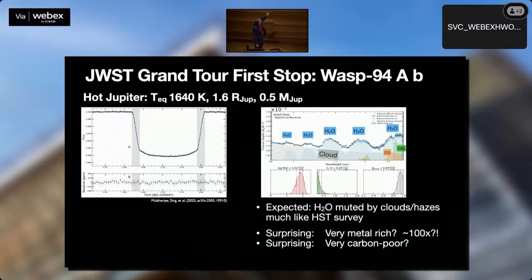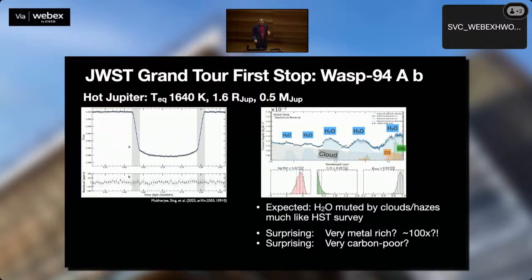On the left is the beautiful transit light curve you get from JWST. The signal to noise is absolutely phenomenal. And when you take the spectrum, you see on the right five water bands at high signal to noise and a cloud covering up all of these features.